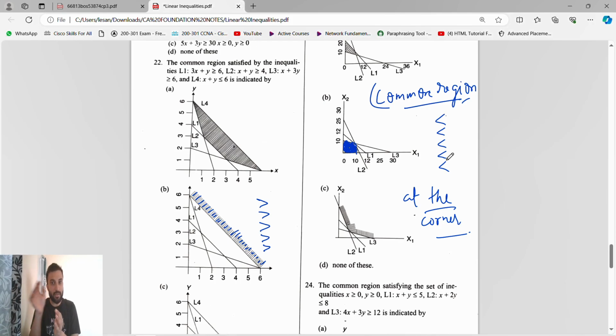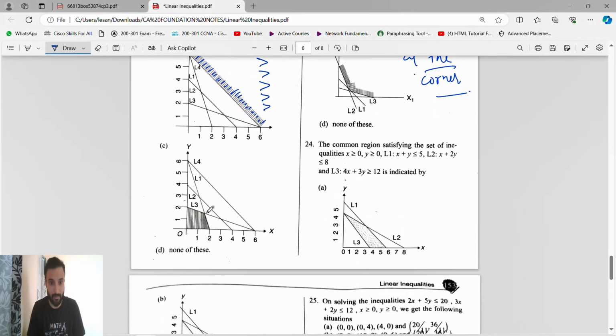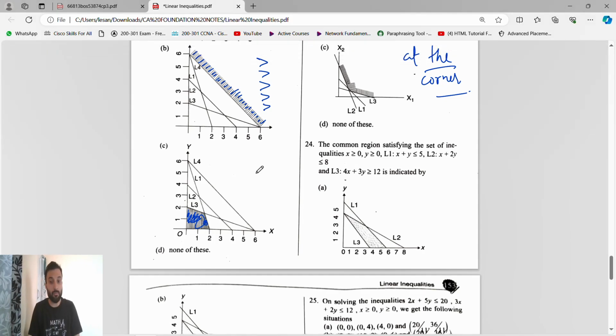If all symbols are lesser than, the shaded region is at the corner. See here, this is at the corner, like this. If all the symbols are lesser than, it is at the corner here.